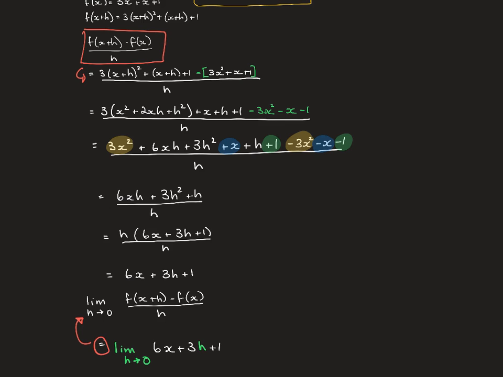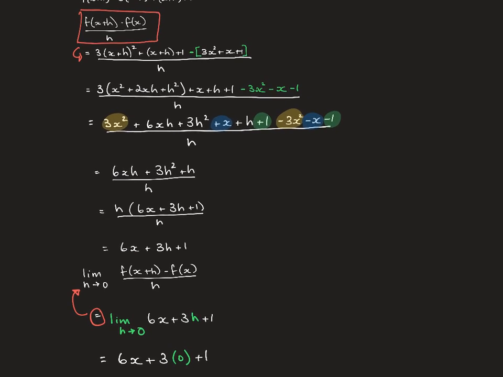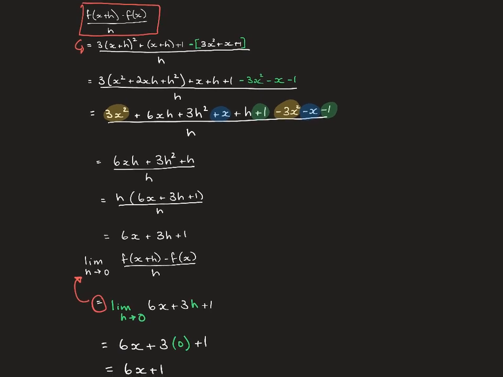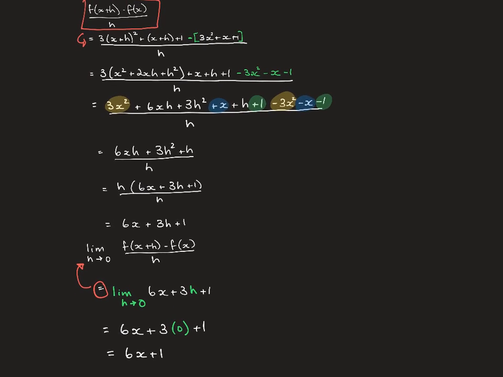But once I have substituted my limiting value in, so I've replaced the h in the formula with a 0, then I can drop that limit sign at the front. And then I can evaluate it, and then I have finally that the derivative is equal to 6x plus 1.